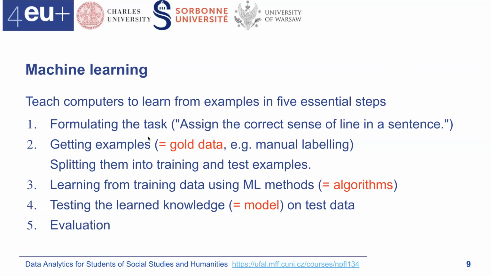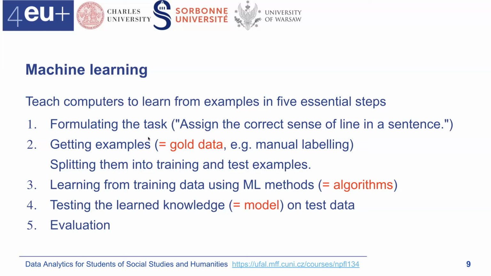Then the second step is to get examples. This set of examples is the so-called gold data. In the task of word sense disambiguation, we read sentences in some collection with the word line, and we manually assign each occurrence the correct sense.